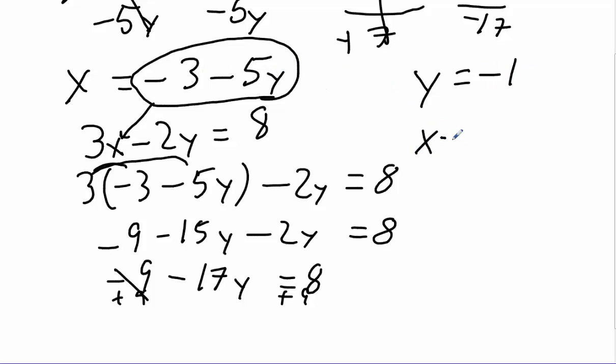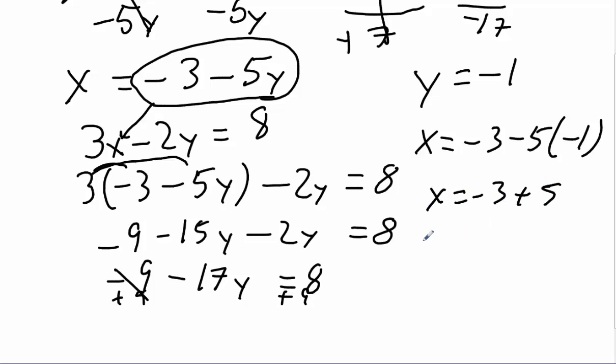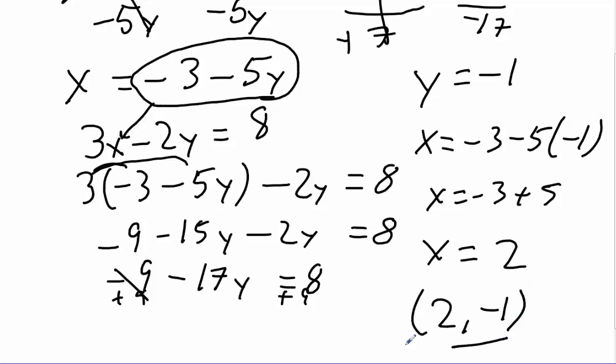So we have x is equal to negative 3 minus 5 times negative 1. X is equal to negative 3 plus 5. X is equal to positive 2. Now x is 2, y is negative 1. Our solution set is 2 comma negative 1.